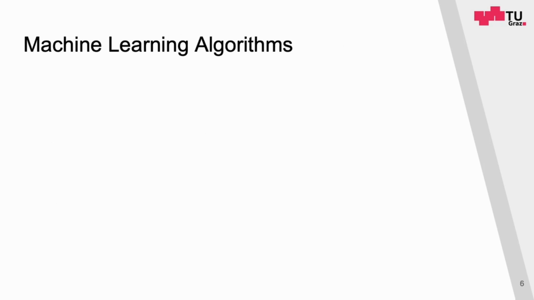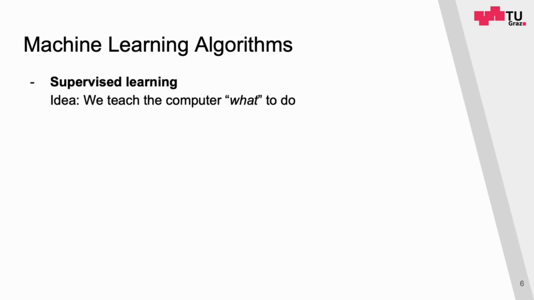If we look at the machine learning algorithms which are out there, we can basically identify three main areas. The first is the supervised learning algorithms. The idea behind supervised learning is that we teach the computer what to do.